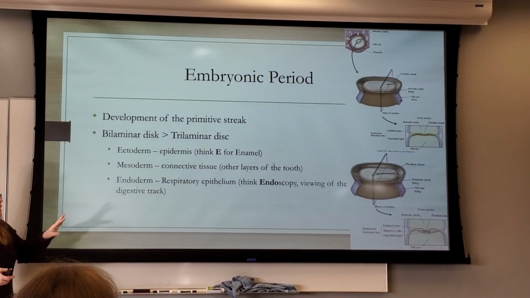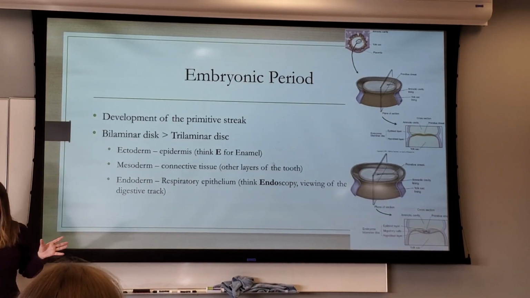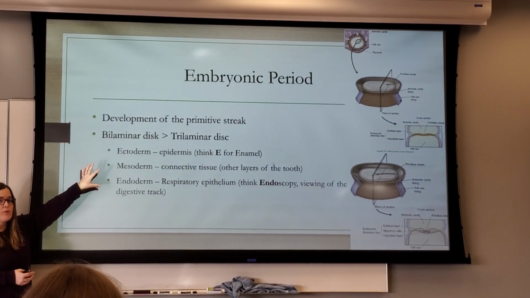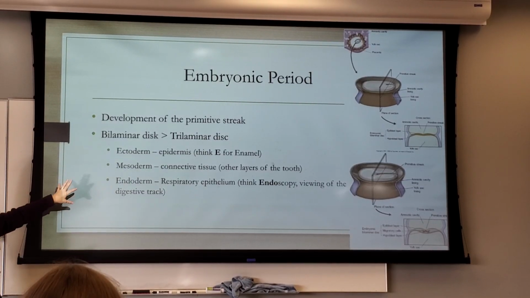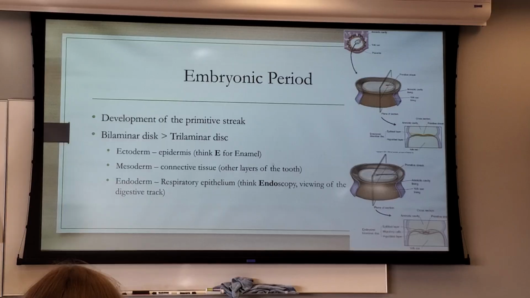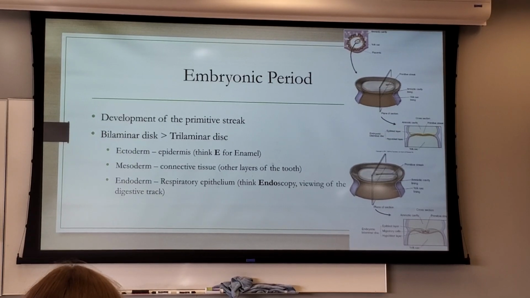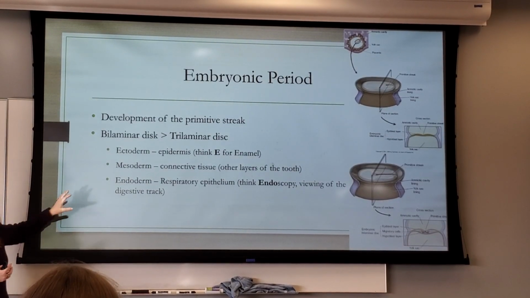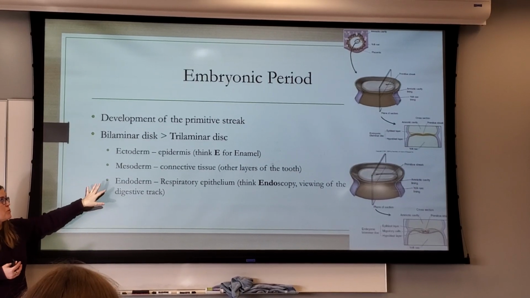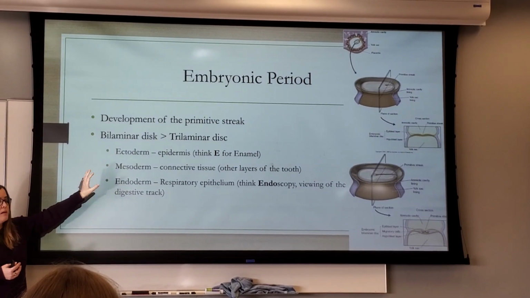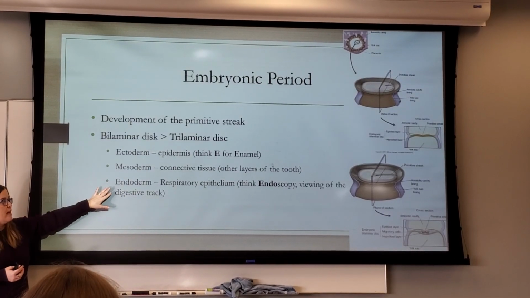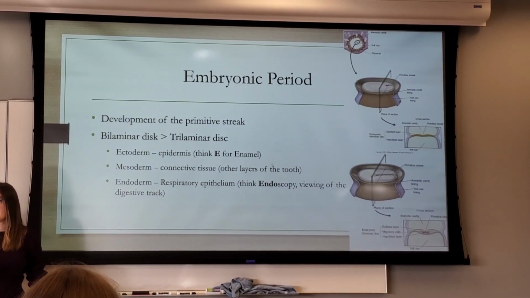I don't know 100% what's on your boards, but if they ask which layers of the trilaminar disc give rise to what major parts of our body, especially tooth development, you can find ways to remember which of the three gives rise to each one. So epidermis, outer part of the body, ectoderm. Endoderm, just think endoscopy, everything on the inside.